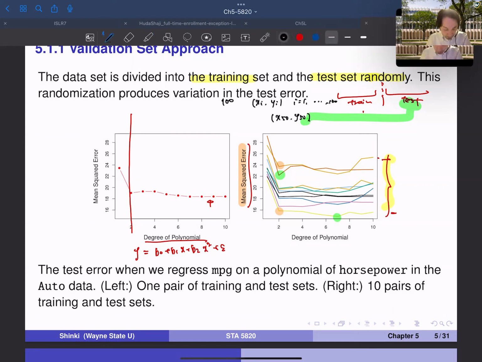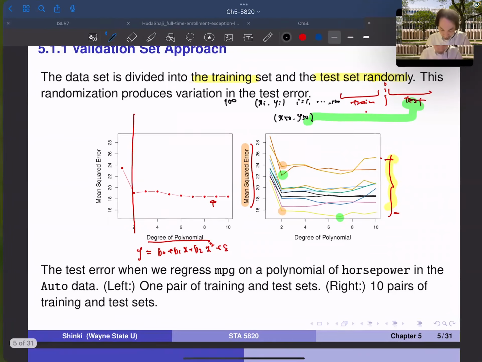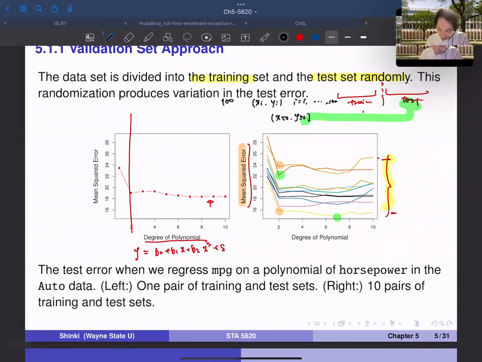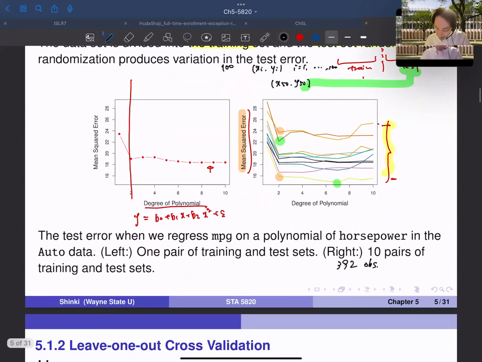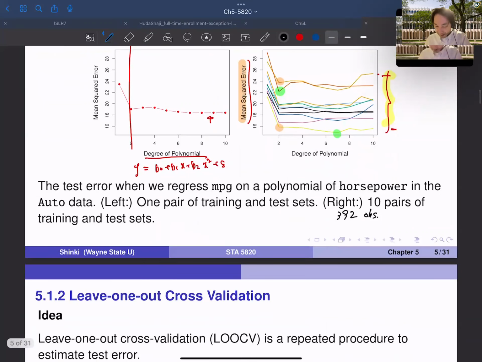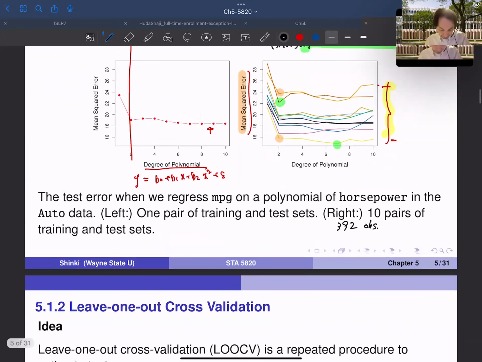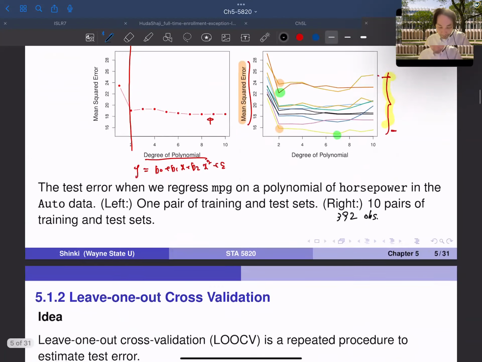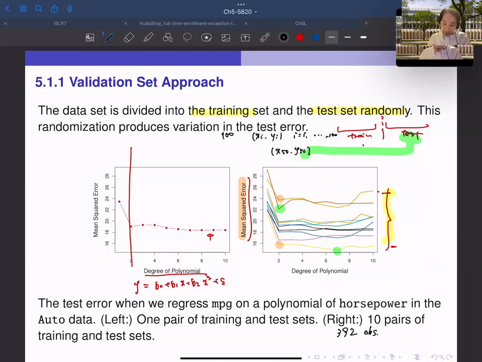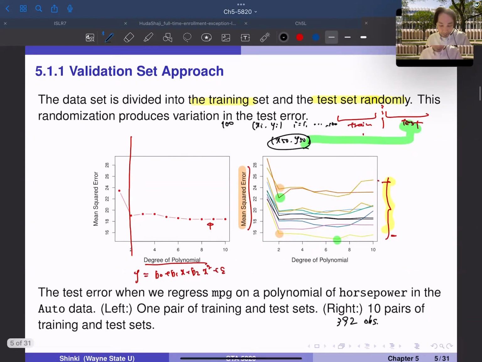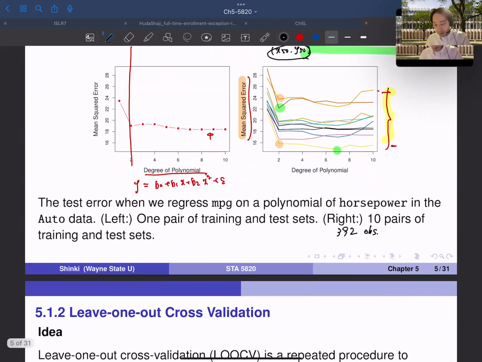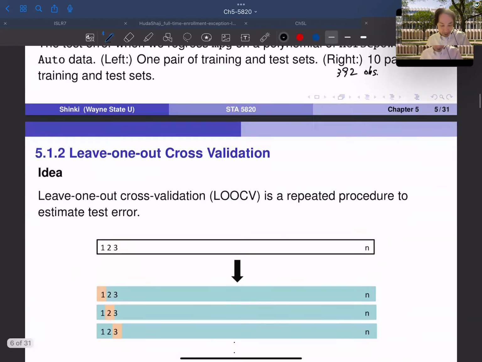I'm not exactly sure how many are in the training set and how many are in the test set, probably half and half. You can play with the data to see how much variability it has. So the problem is, as I discussed, performance depends on which observations are in the test set. Predicting outliers is difficult, but predicting the usual observations is easier.